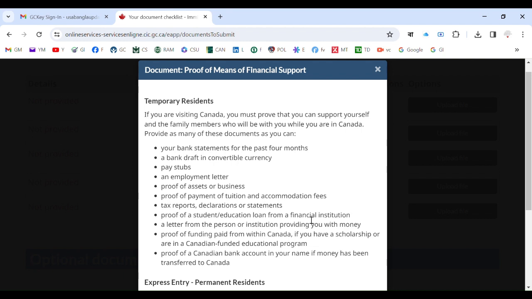Okay, and I also want to discuss with you that the best fund is your own fund. Even better than your own fund is a scholarship or assistantship from your Canadian university. If they have given you a tuition waiver, scholarship or assistantship, that is the best thing.